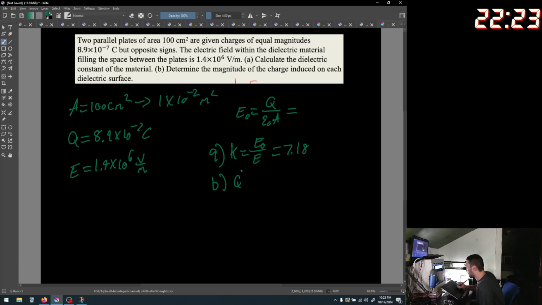So Q prime, I don't like that, Q prime equals Q times 1 minus 1 over K. This is going to be 8.9 times 10 to the negative 7th, times 1 minus 1 over 7.1832.